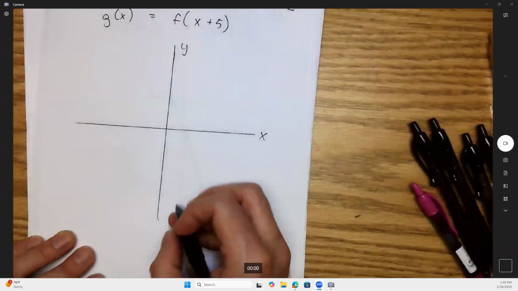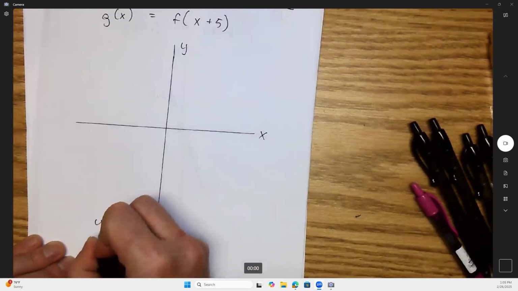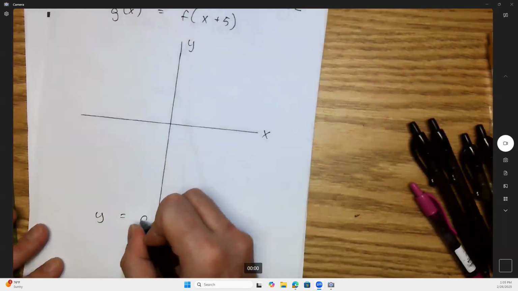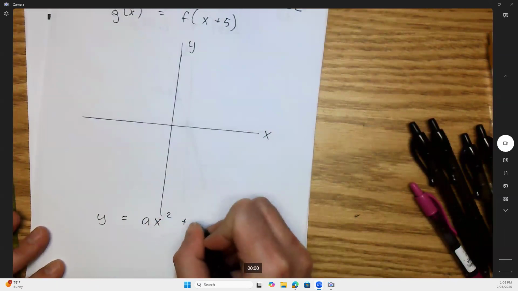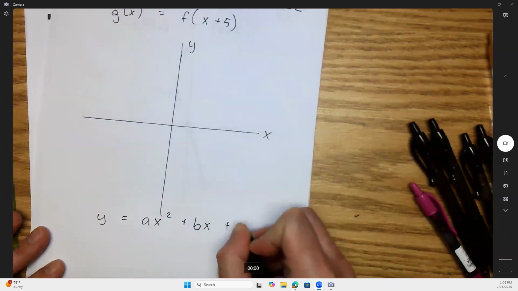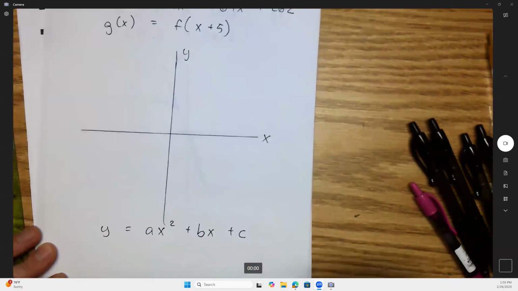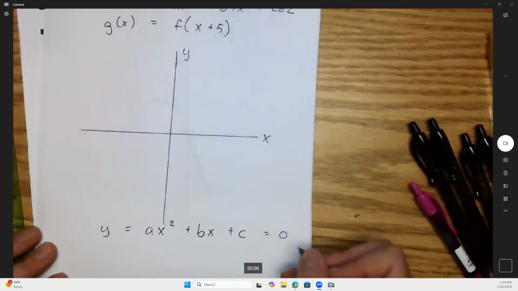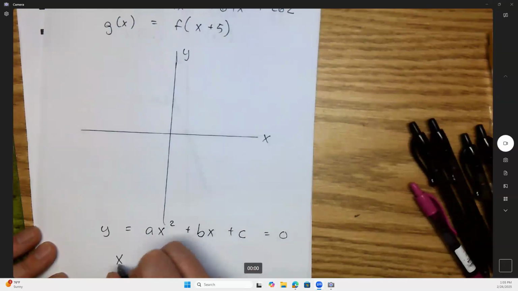Do you remember if you have y equals ax squared plus bx plus c, which would be a parabola like we have. If you set that equal to 0, then you could solve for x by the quadratic equation.